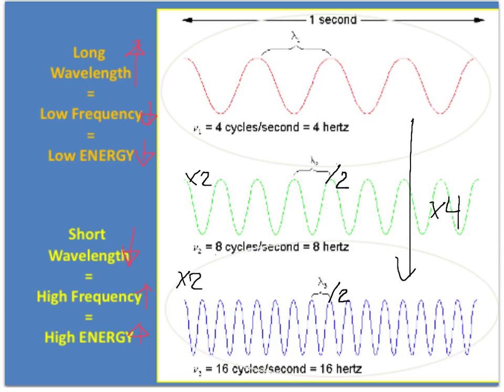And if we go from the first wave to the third wave, since we multiply our frequency by 4, our wavelength will now be divided by 4. Okay, so let me write this: nu times 4, lambda divided by 4.